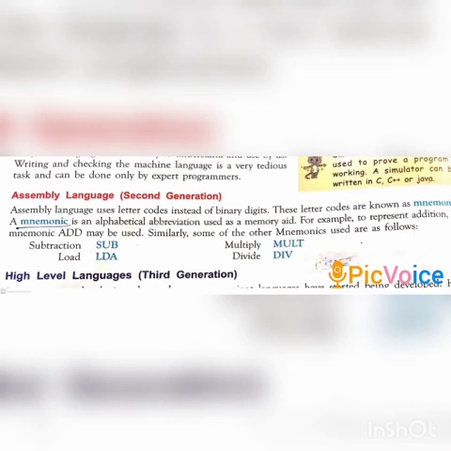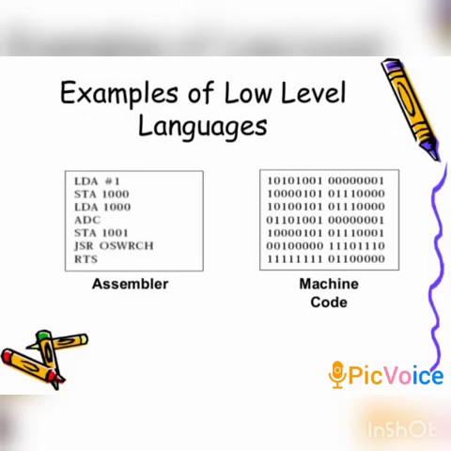Generally, a mnemonic is a symbolic name for a single executable machine language instruction, and there is at least one opcode mnemonic defined for each machine language instruction. A mnemonic is an alphabetical abbreviation used as a memory aid. For example, ADD for addition, SUB for subtraction, MULT for multiplication, LDA for load, DIV for division. Examples of low level languages.